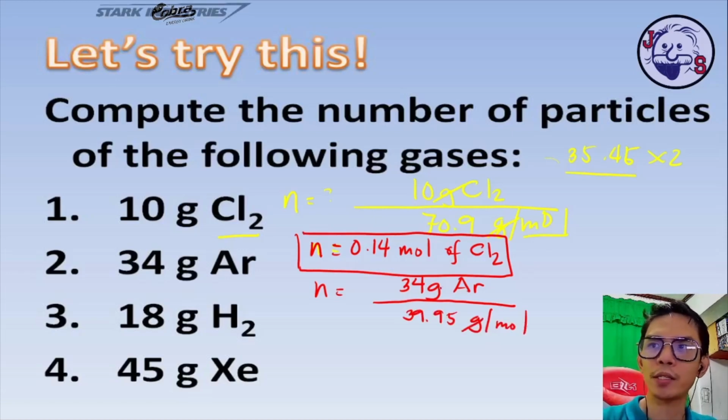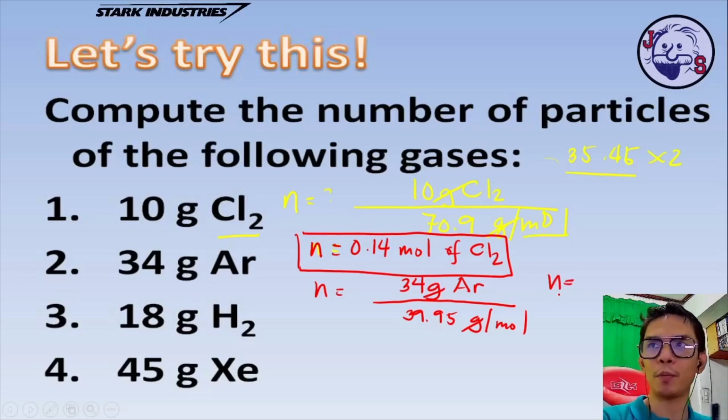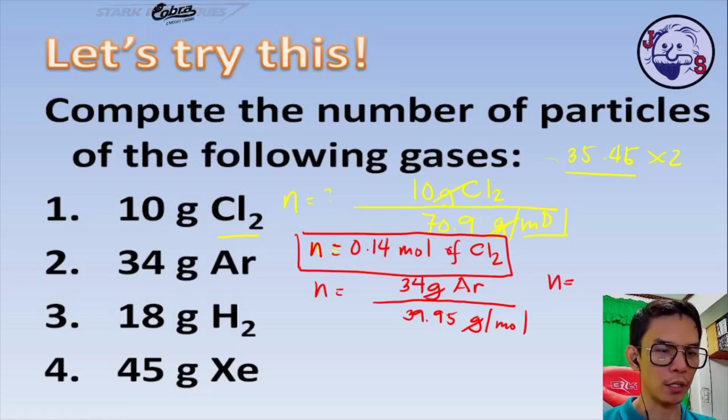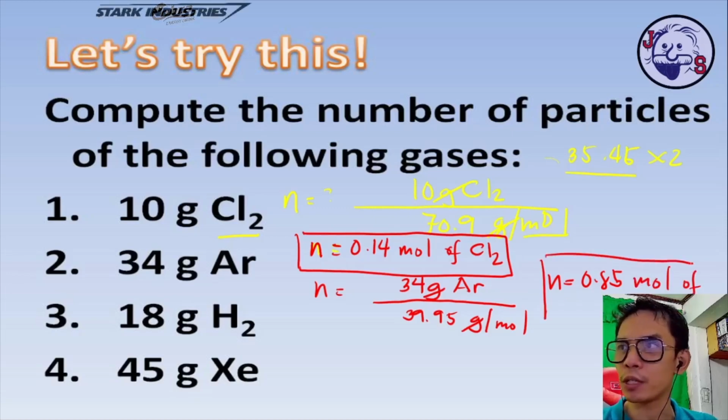So cancel the grams and we can get the number of moles or number of particles. So 34 over 39.95, the N will be 0.85 mole of Ar or argon. So that is your final answer.